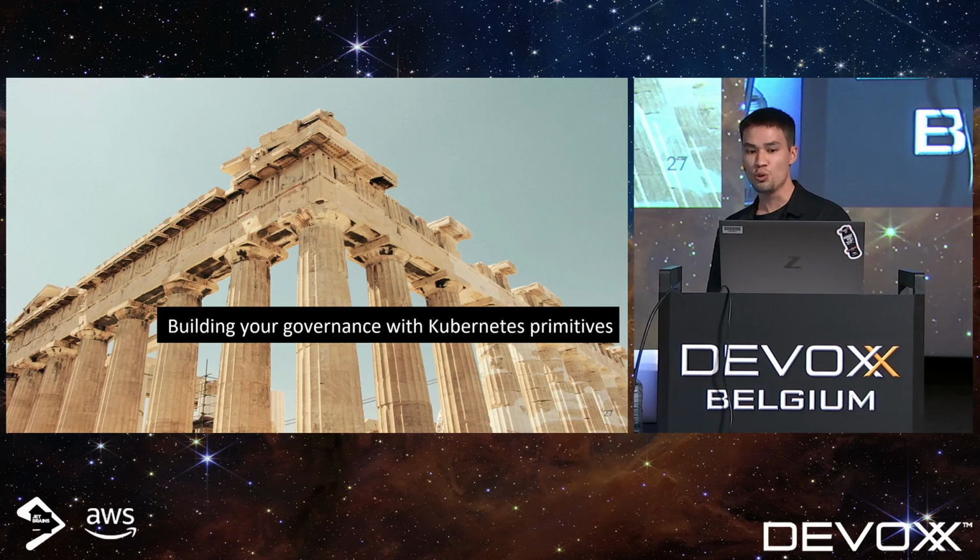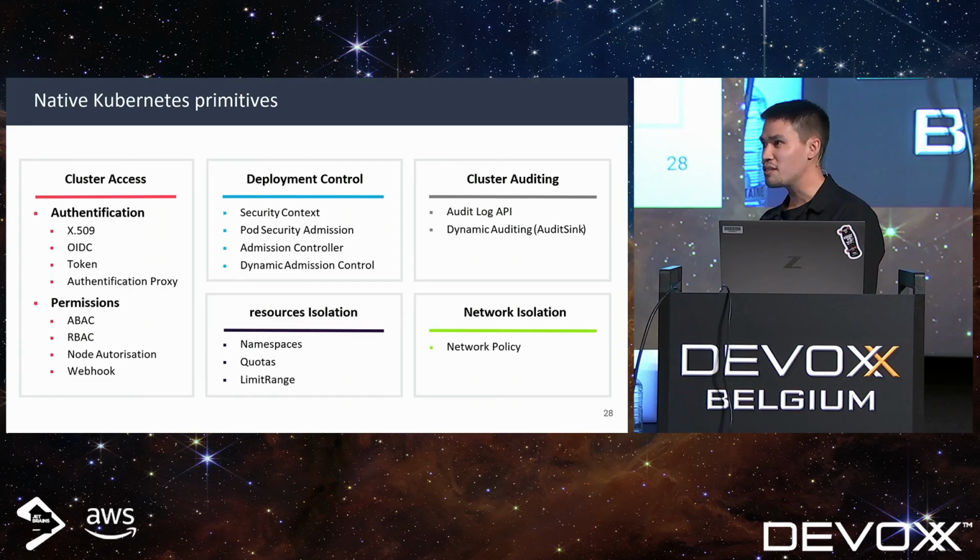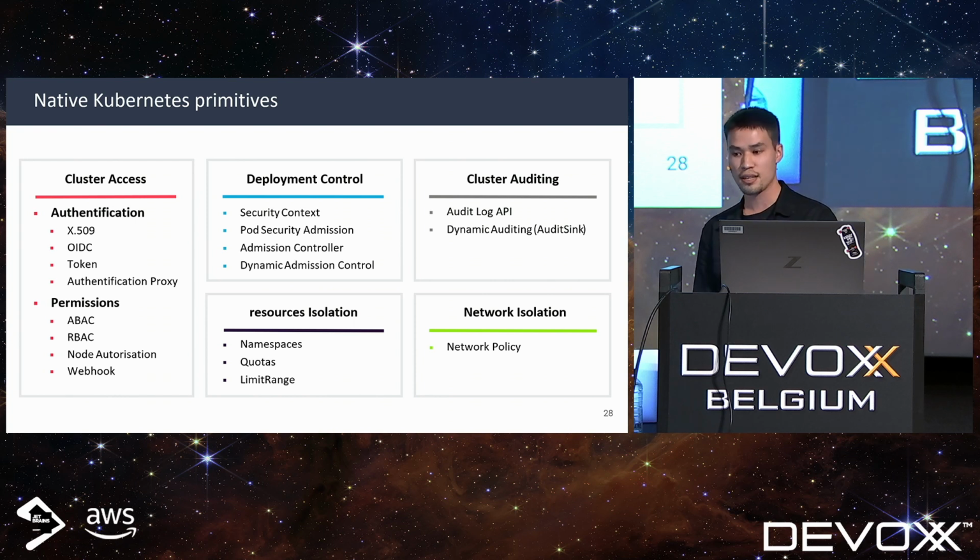Meaning we would like to use the primitives available in Kubernetes to strengthen the security of the cluster, to restrict access, and to restrict and isolate, for example, exchange. And for doing that, we don't have to invent anything specifically, because Kubernetes already provides a set of interesting primitives we can rely on.